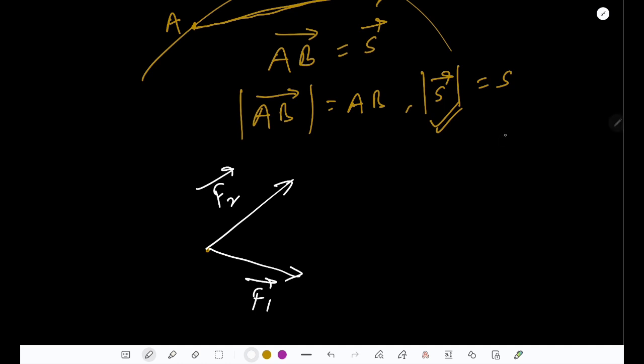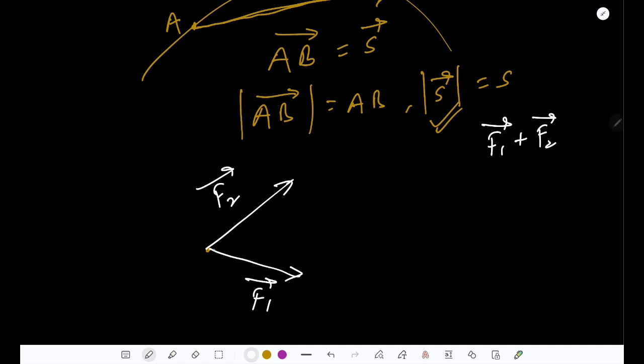That force will be the sum of these two forces, F1 and F2. It has been known by experiment that the resultant of these two forces, F1 and F2 acting on a particle, is equal to the diagonal of a parallelogram formed by the graphical representation of the forces.